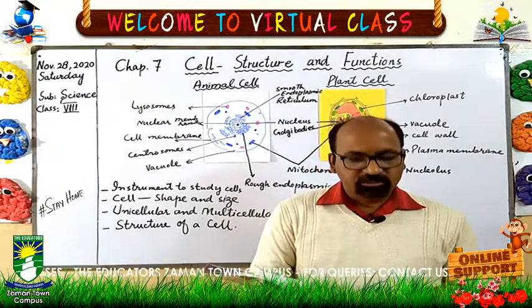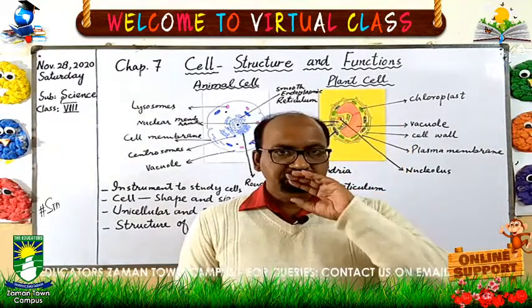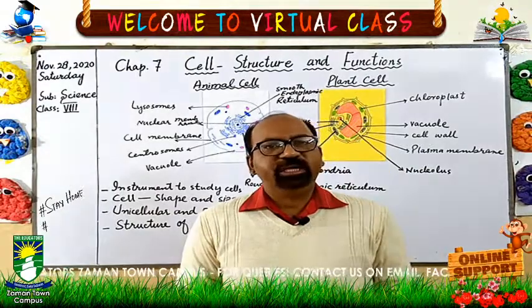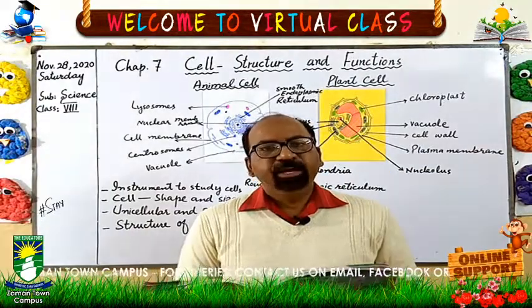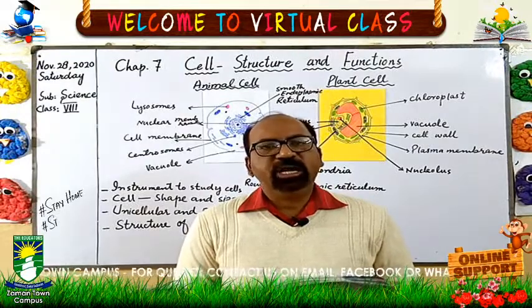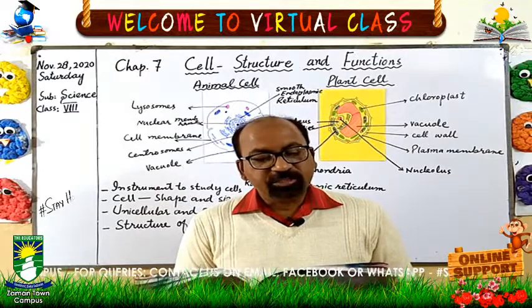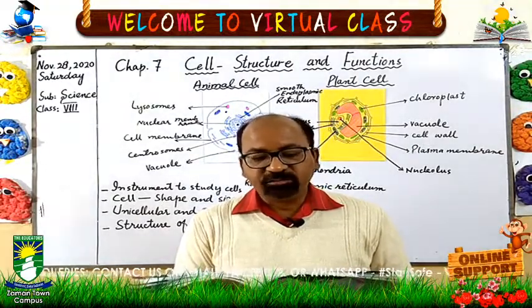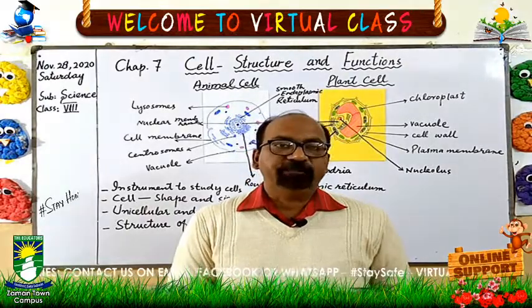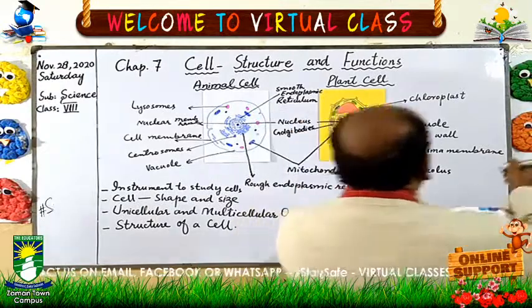Now turn to page 88, and here cells are of different sizes. Their sizes vary according to their function and their shape. So cells differ in size immensely. The unit to measure the size of the cell is the micrometer. So what is a micrometer? This is the sign of micrometer.